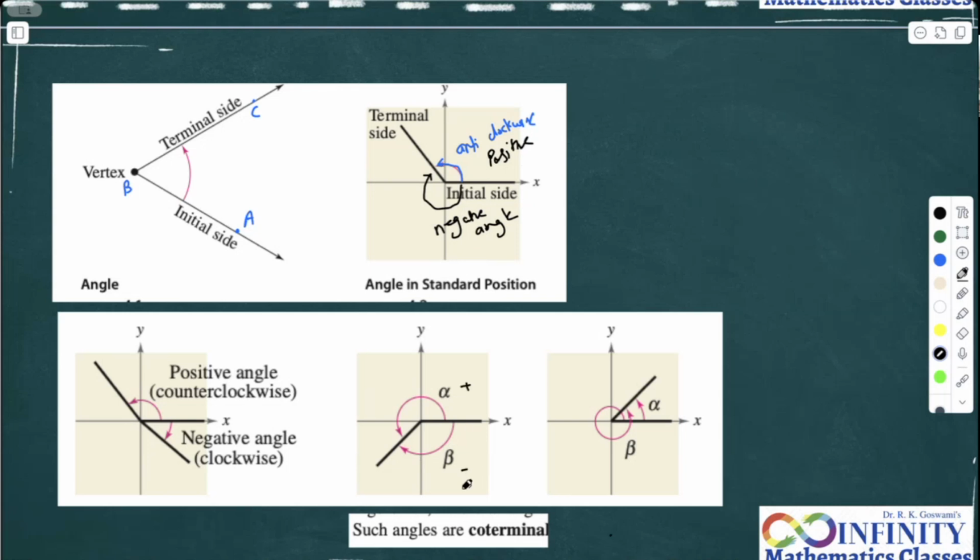What is the relation between them? The answer is they are going to be co-terminal. They are having the same terminal. So this is co-terminal. If you talk about this angle, they are also co-terminal for you. And so these two angles are going to be co-terminal, having the same terminal side. Am I right? Perfectly clear.